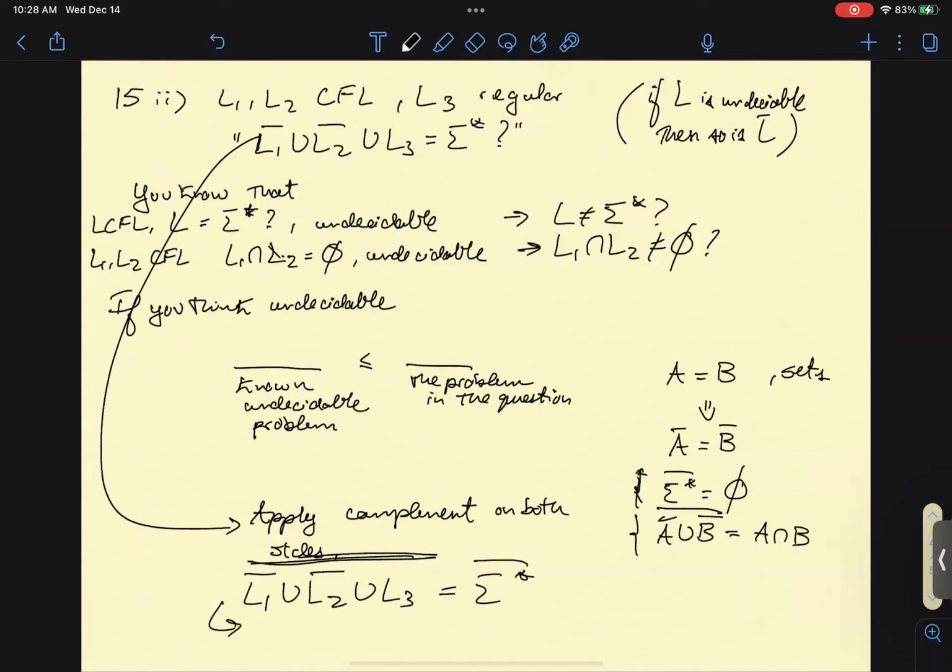And De Morgan's law generalizes to n number of unions. Not infinite, but n, where n is an integer. So then you get L1 complement complement, that's just L1, and then intersect L2 complement complement, that's just L2. And then intersect L3 complement, very good. And then this is equal to the empty set.